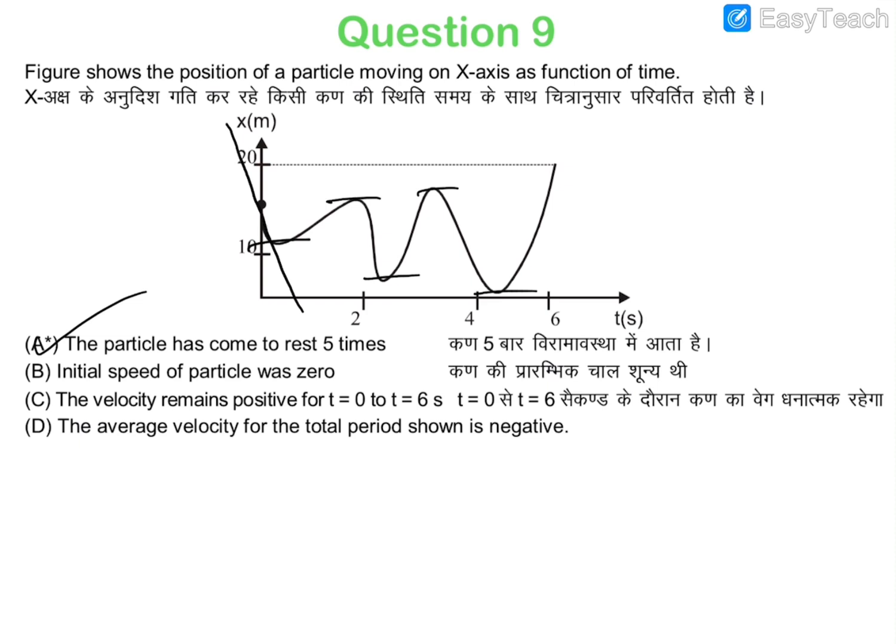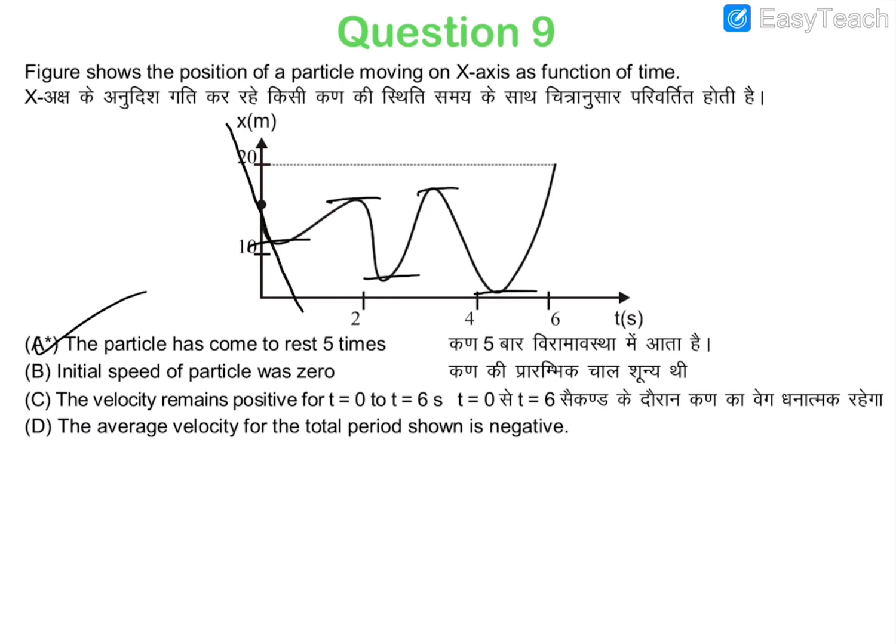You can see that the average velocity formula is the final displacement minus initial displacement upon time taken, and the initial displacement is this and final is 20. So the change in displacement is positive, and therefore average velocity would be positive. So the only correct answer of this question would be option A.